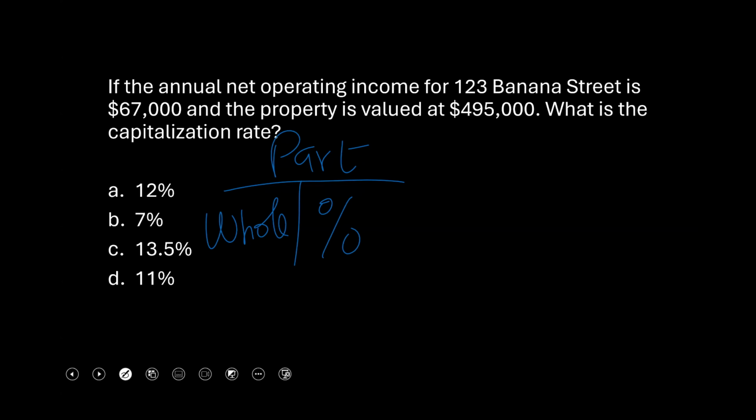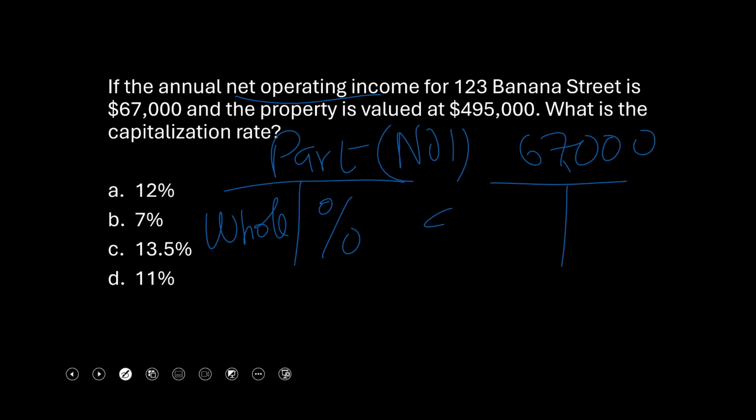So, from our question, we have the net operating income, NOI, is our part. So that goes on the top, 67,000. We have our whole, so we're missing this.